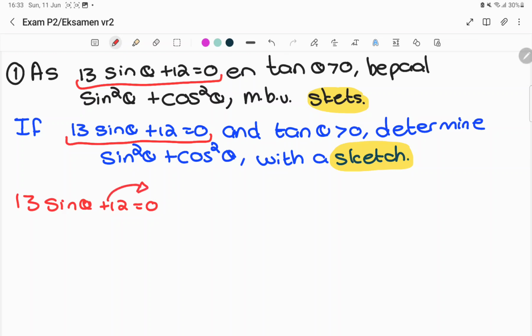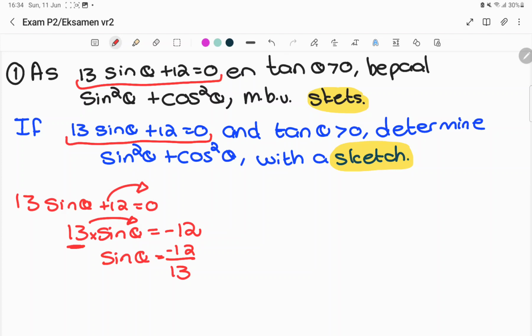So I'm taking over the 12, so it becomes 13 sine theta equals negative 12. Now, I still have a 13, so I want to take over the 13 as well. It is multiplying on this side, so if I take it over, it will become negative 12 divided by 13. Alright, that's the first thing you do.